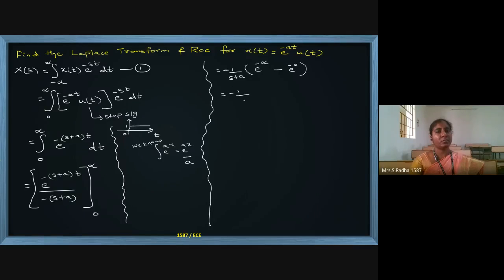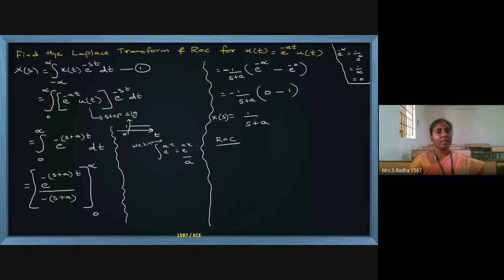The value of e is 2.71, so e power minus infinity is 1 by e power infinity, and e power infinity is infinite, so finally this value is 0. At the lower limit, e power 0 is 1, since anything to the power 0 is 1. So the result is 1 by (s plus a). This is the Laplace transform of the given signal.